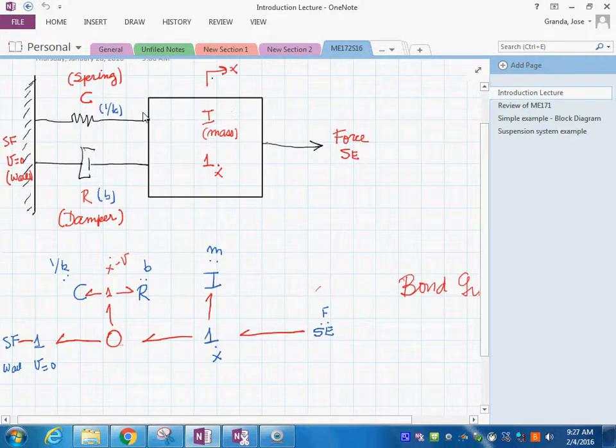You see, the system that I have in here is a force applied, then we have this mass, then there's a spring, and then there is a damper. So every time I move to the right and apply this force, these two are going to oppose, right?